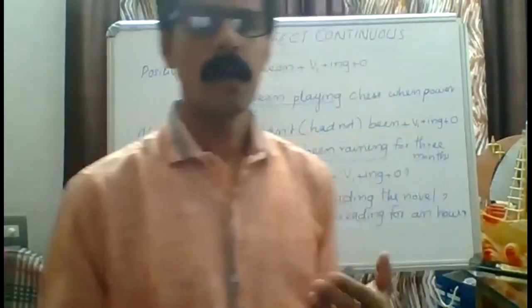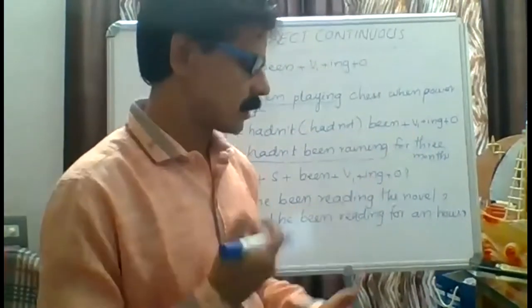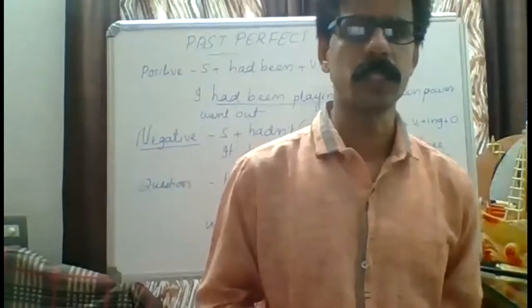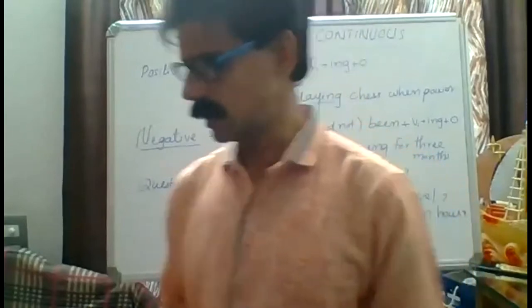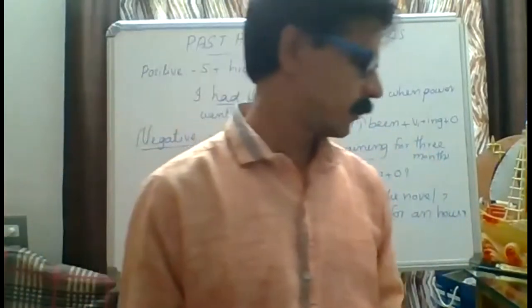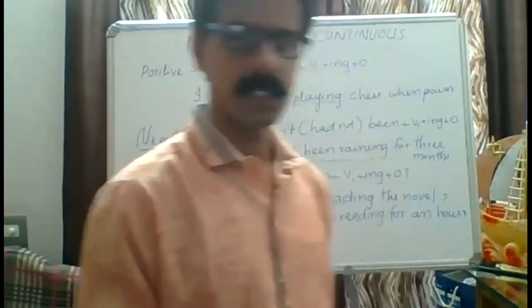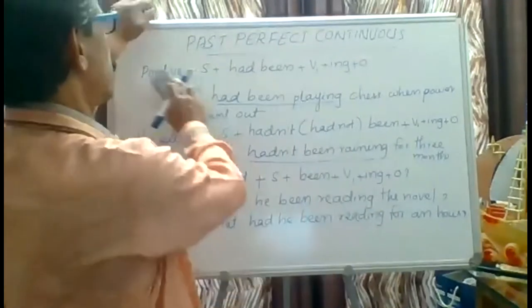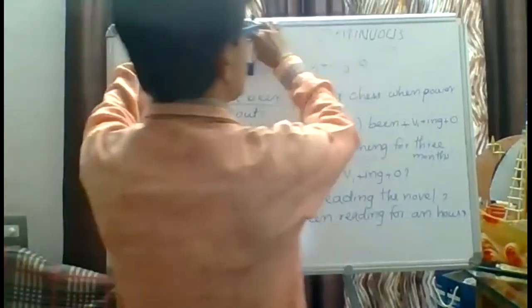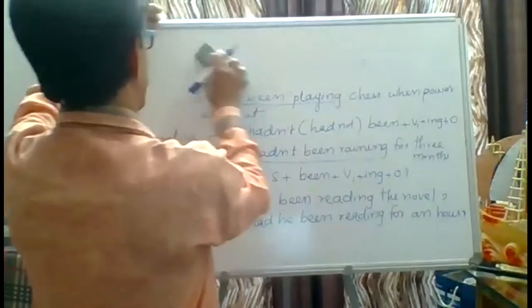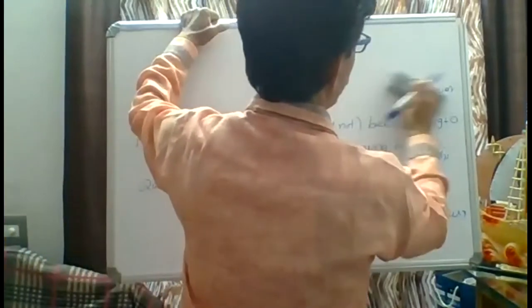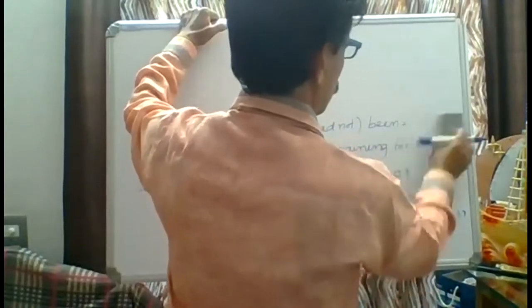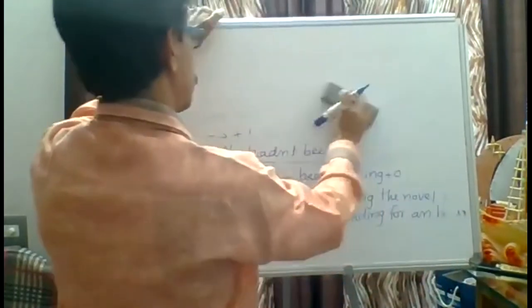Moreover, we are planning another tense today, that is future perfect continuous. Future perfect continuous is the only one left for us. So past perfect continuous, and after that future perfect continuous is the last one. Whenever we hear the future, we remember that there are two helping verbs.